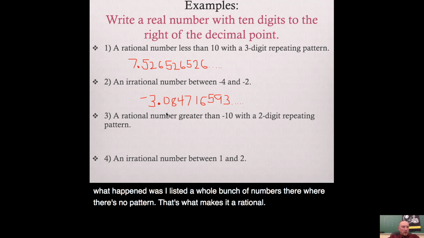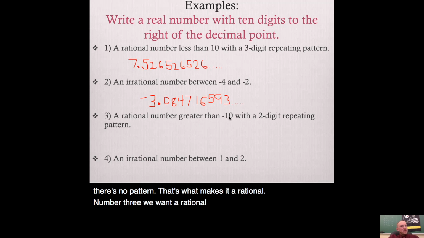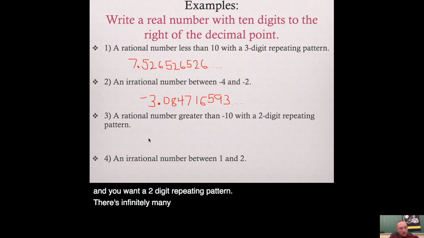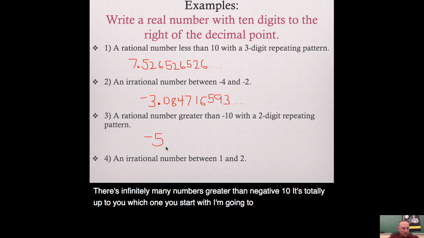Number 3, we want a rational number greater than -10, and you want a 2-digit repeating pattern. Okay, well, there's infinitely many numbers greater than -10. It's totally up to you which one you start with. I'm going to start with -5 point something.